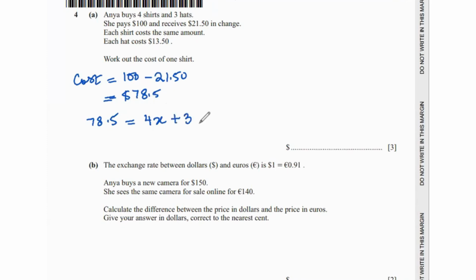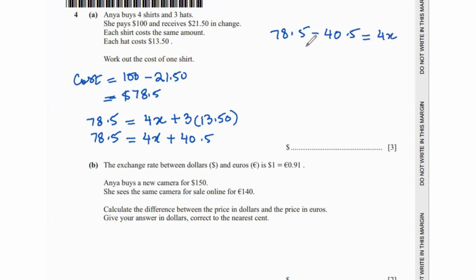And for hats, it's going to be 3 times 13.50. So 78.5 equals 4x plus 40.5. 78.5 minus 40.5 equals 4x, which is going to be 38. 38 divided by 4 is $9.50. That's the cost of one shirt.